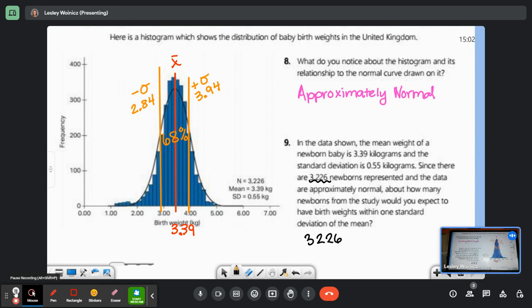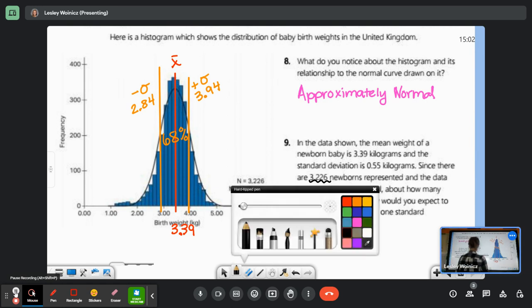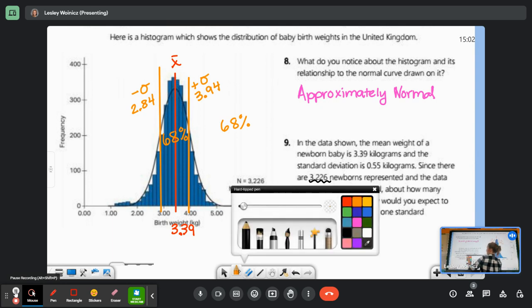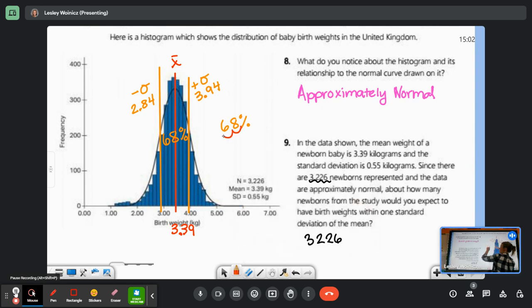First we have to convert the 68% back into a decimal. We move the decimal point over to the left and we get 0.68.